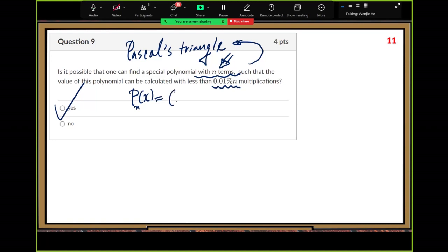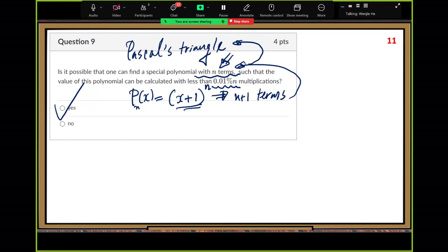Can we get (1 plus 1) to the n? Yes, because its expansion corresponds to Pascal's triangle, right? Although we know it gives n plus 1 terms, the difference between n plus 1 terms and n terms is only 1. We just change that n number. So that's the same.